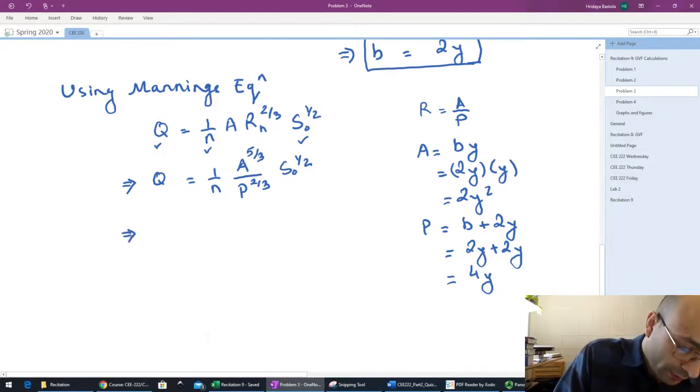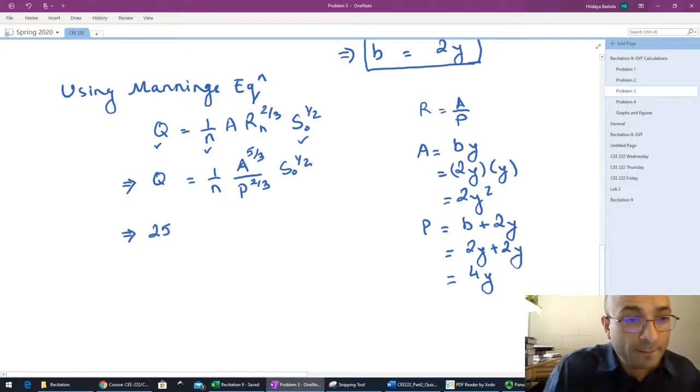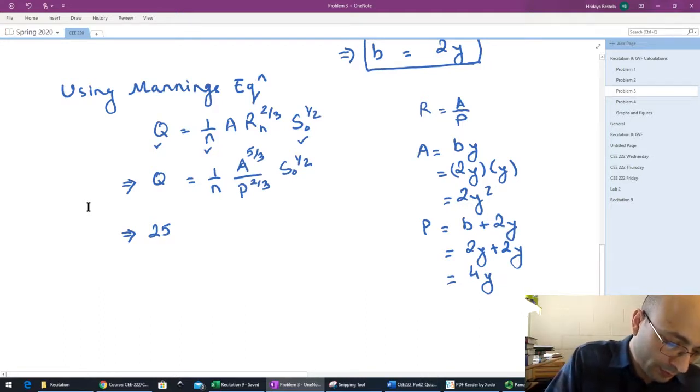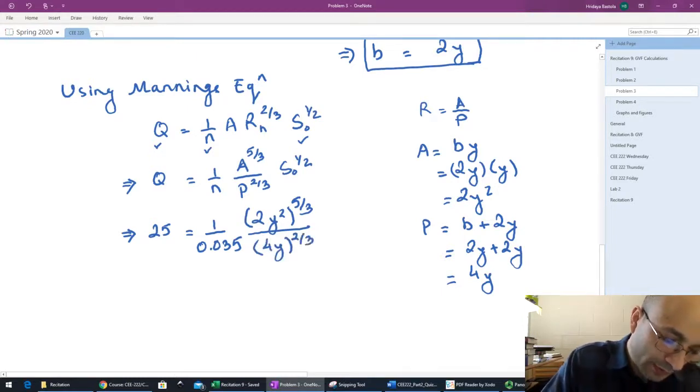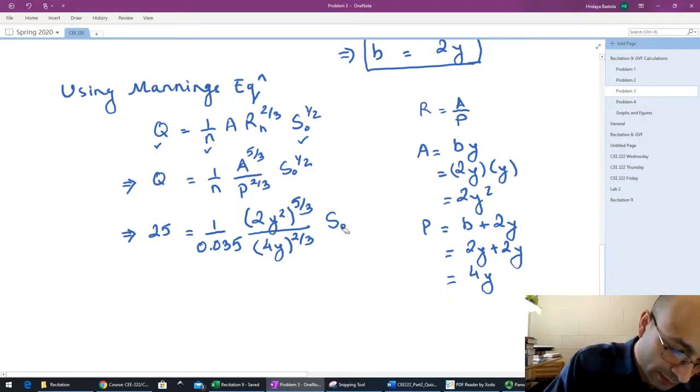We are given a Q of 25. Let me make sure the units are correct. Okay, 25 meter cube per second equals, we have a roughness of 0.035, area is 2y squared to the power 5 over 3, perimeter is 4y to the power then of 2 over 3, and the last term here, which is the slope, let's actually write that down.